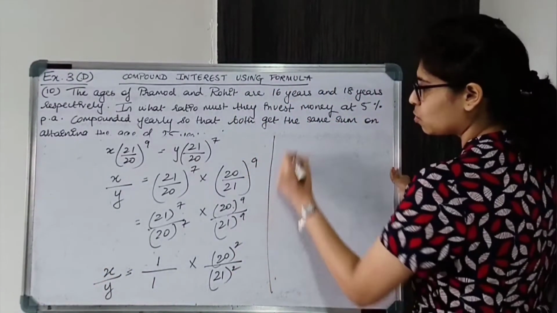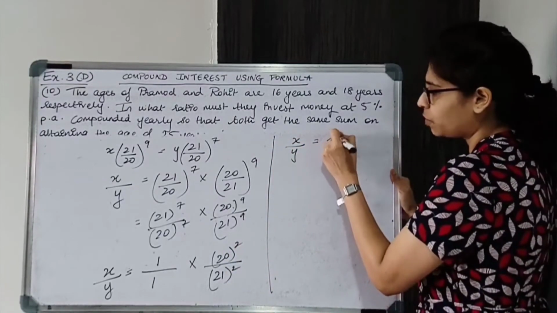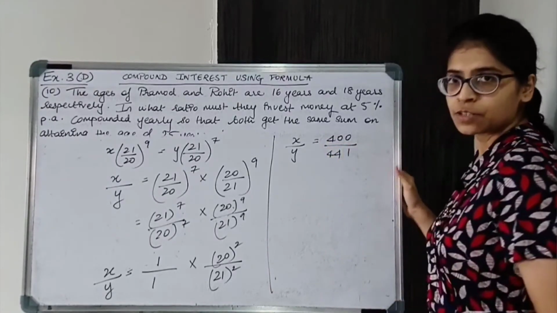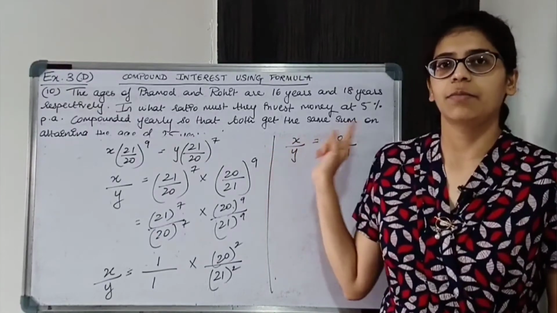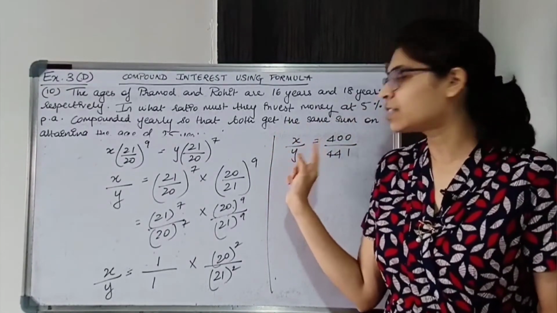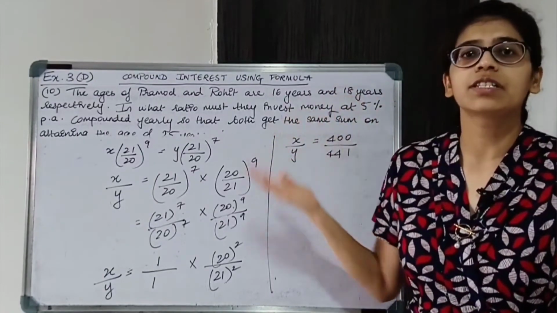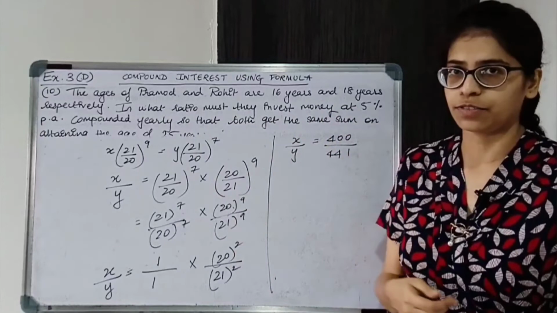Okay, so 20 raised to 2 is nothing but 400, 21 raised to 2 is 441. So x is the sum of money invested by Pramod and y is the sum of money invested by Rohit. So x upon y is the ratio of the sum of money which we had to find. So in what ratio they are investing, that is what we had to find.